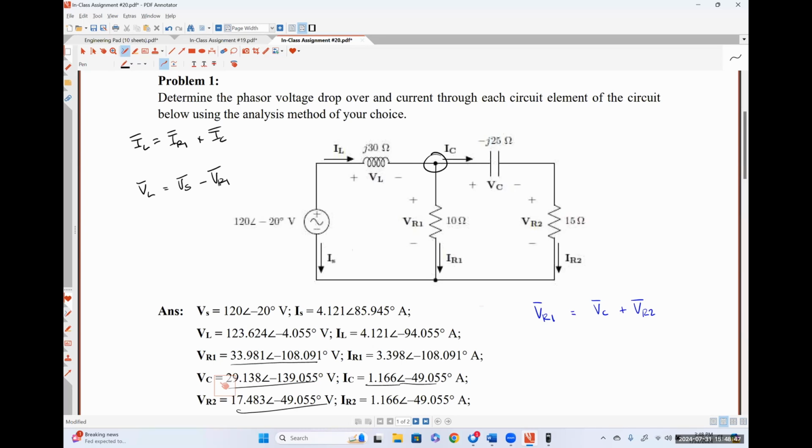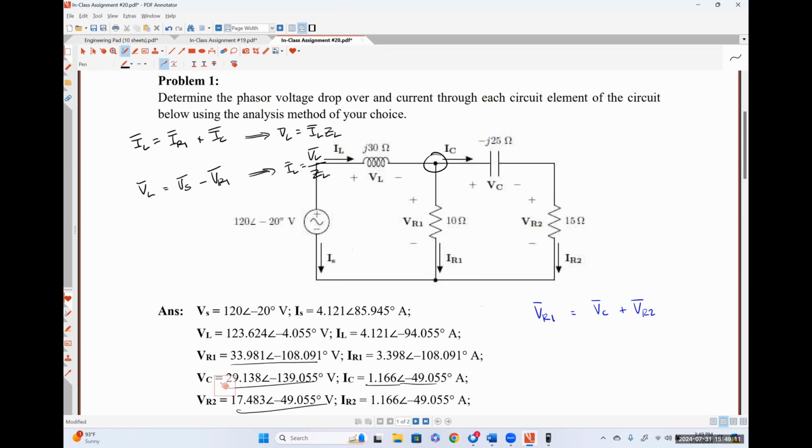Like if we knew that current, then VL is just IL times the impedance of our inductance. If we found the voltage first, then we could just say that IL was VL over ZL, right?